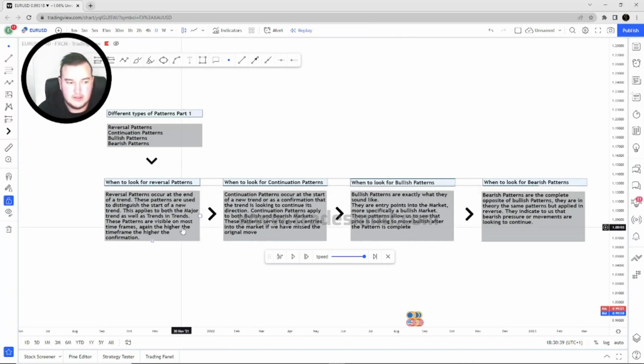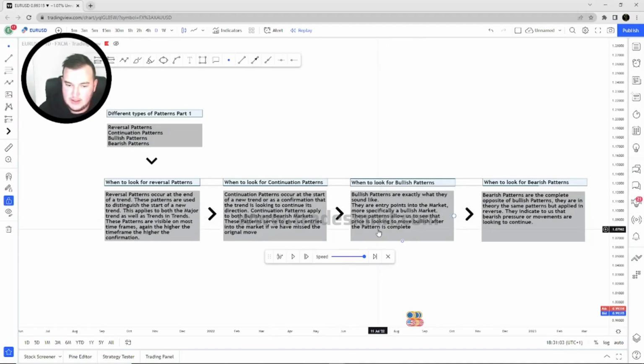Obviously if we're looking at bullish, the reversal is that we've just finished the downward trend and now we're looking to go bullish. So we should have a reversal pattern, we should have a continuation pattern, not always, and we should be on the lookout for any bullish patterns. Bullish patterns are exactly what they sound like. They are entry points into the market, more specifically a bullish market.